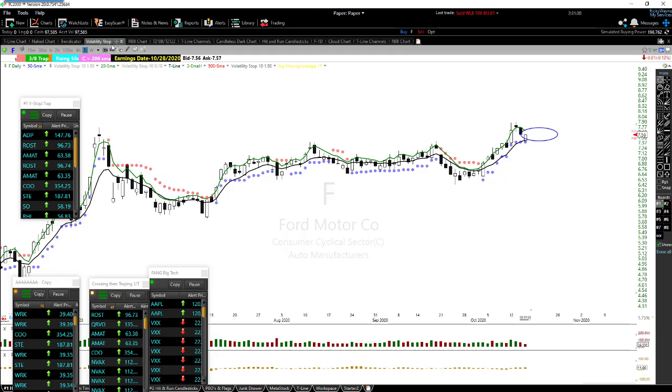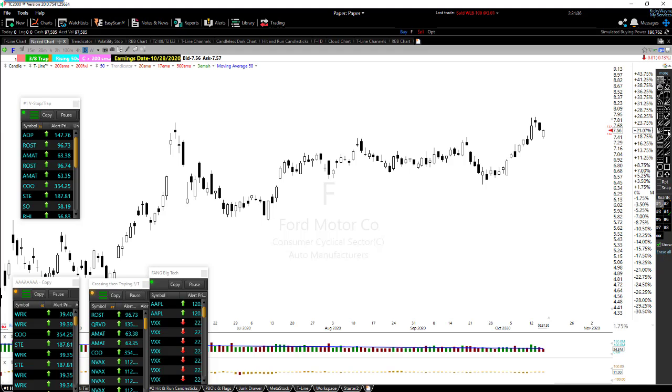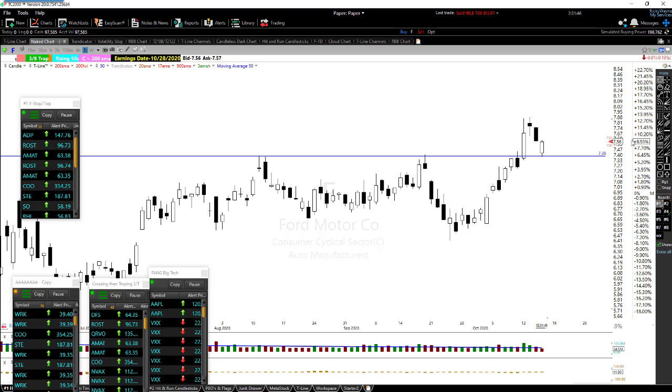Let's go to a naked chart real quick here. All right, let's get rid of this right here, and let's just put lines up. Now, this top, I just keep staring at it. It just keeps coming up in my eyeballs here. Okay. Now we're going to put a trend line, and we're going to take this low right here, and we're going to go to where we are right now.